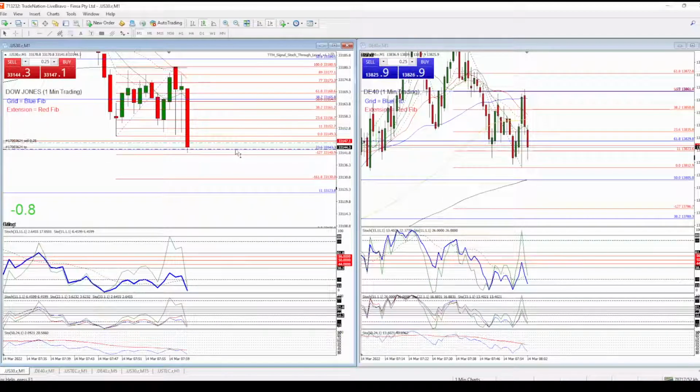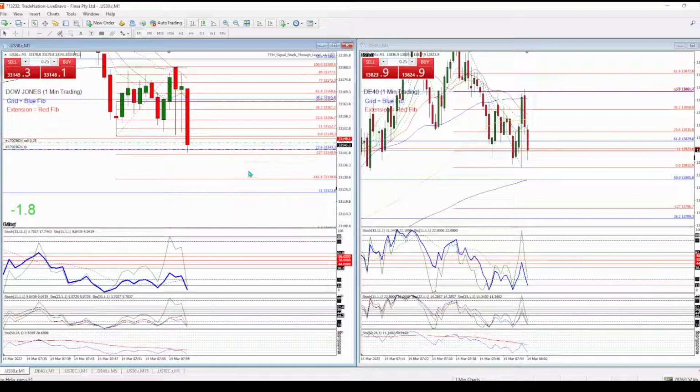Taking that sell. Going to leave the TP at the 23.6, 2.8 points, but not going to move it. Rather going to leave it on that level.